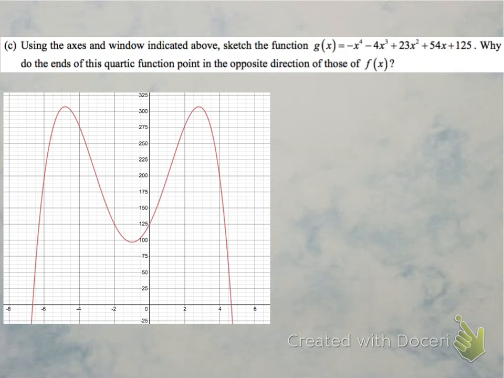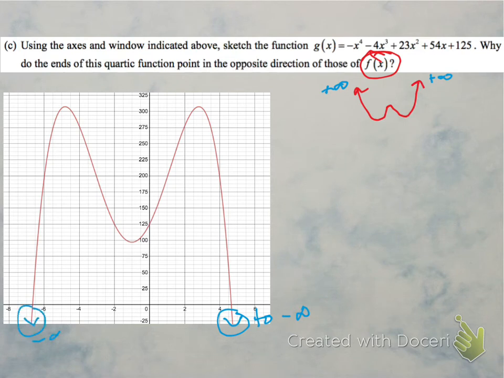If you remember on the previous slide, f of x was the one that went up, so this was going to positive infinity and this was going to positive infinity. And now down here, we have it going to negative infinity on this side, and this one is going forever to negative infinity. So why is it going in the opposite direction?